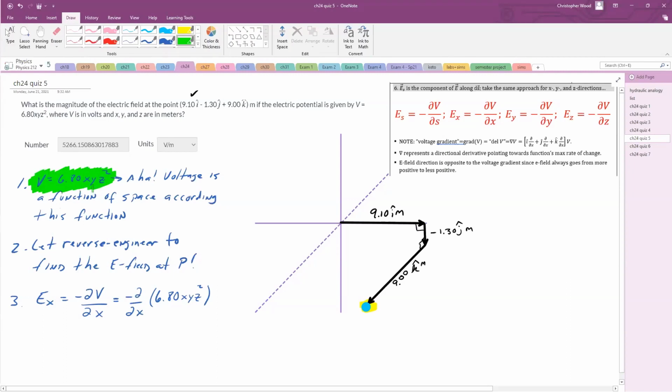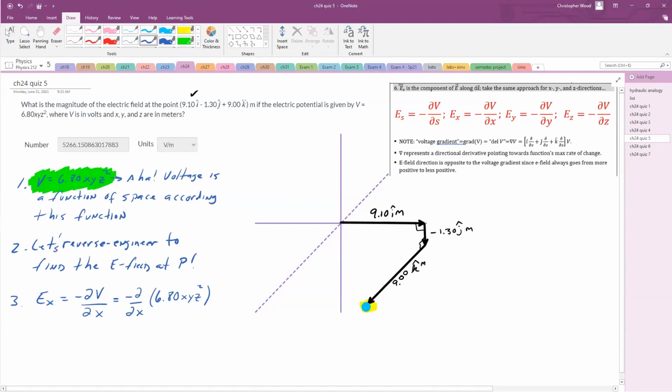There are many ways to do this, but you provide this voltage situation. It depends on x, y, and z squared. Voltage is a function of space according to this function. So, okay, where you stand determines the voltage you're subjected to. Let's reverse engineer to find the electric field at point P.